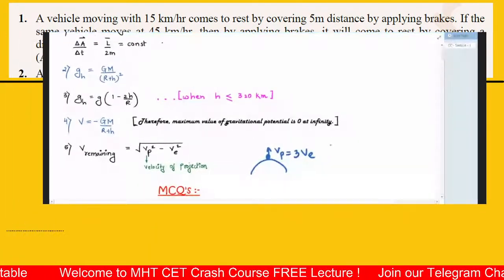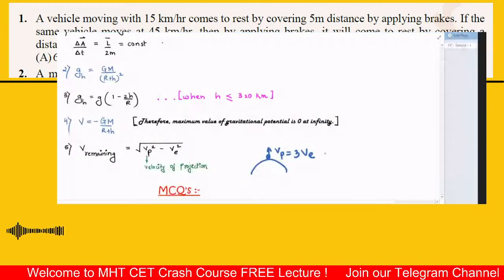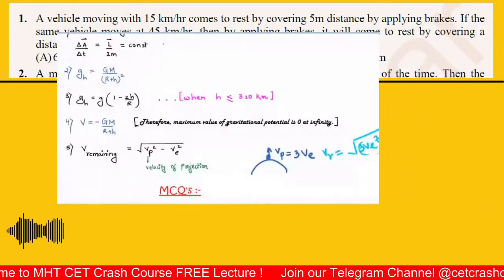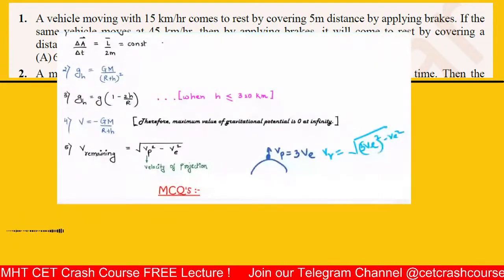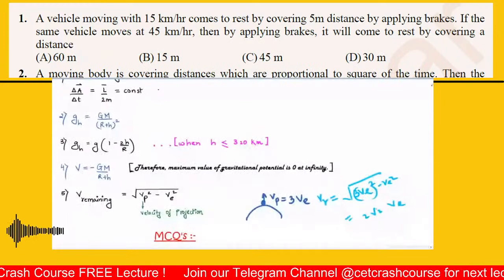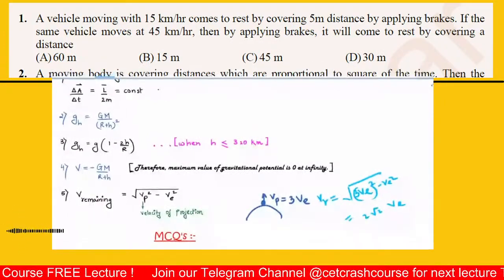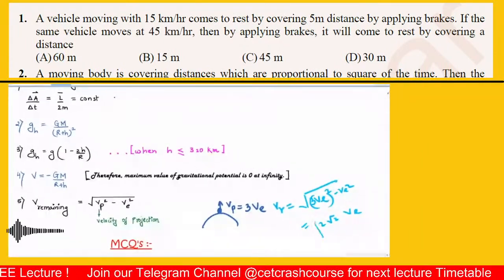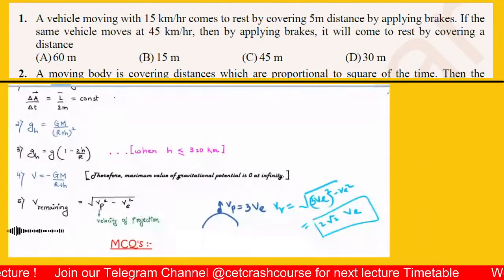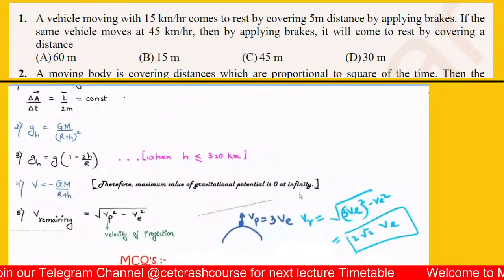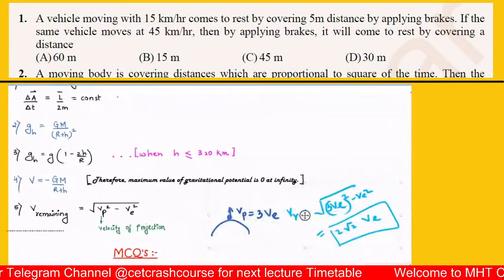The answer is that the remaining velocity is given by root of (3VE) square minus VE square, which is 2 root 2 times VE. So when the object reaches infinity, dear students, the remaining velocity is 2 root 2 times the escape velocity. Understood this?